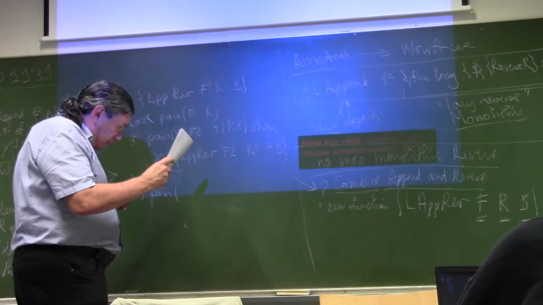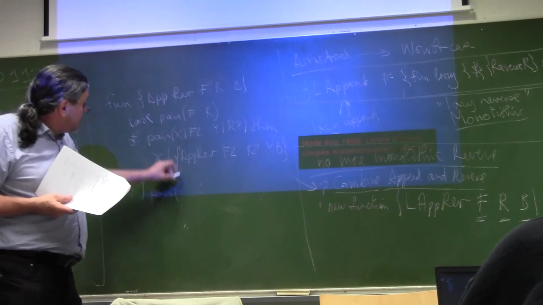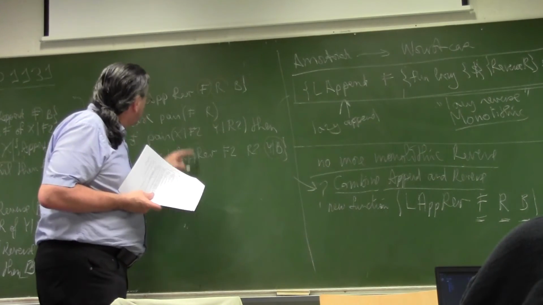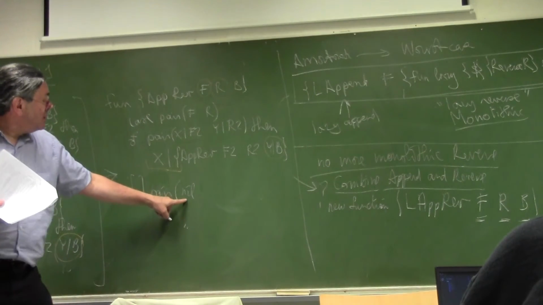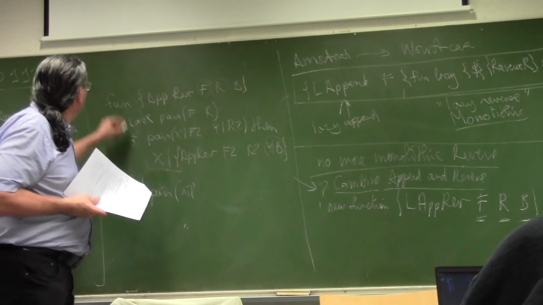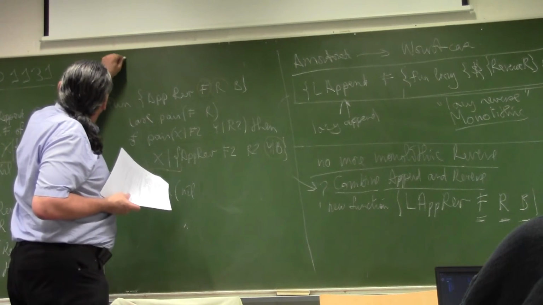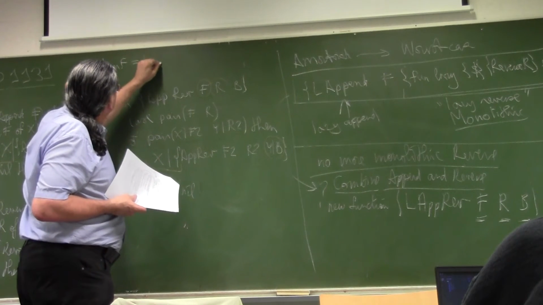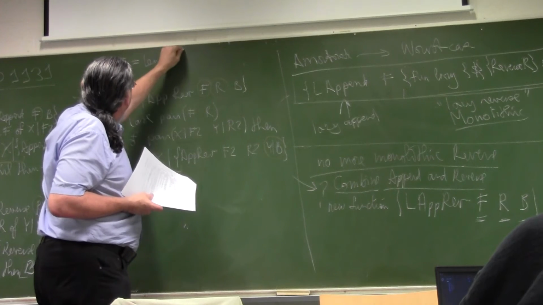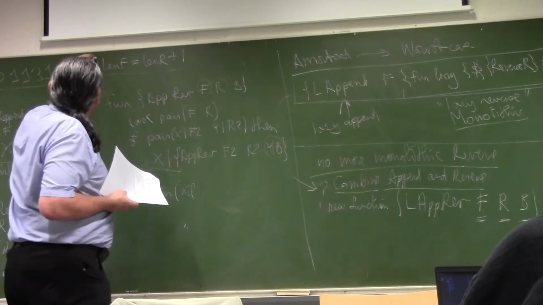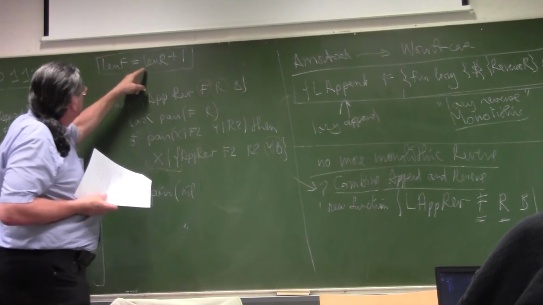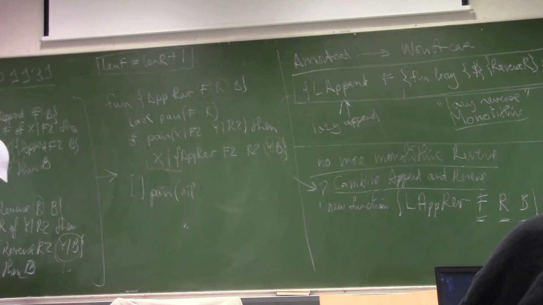And how does it end? At some point F is going to go to nil. The F will be empty. But what is the value of R? Remember, we have this condition in the check that R and F are almost the same length.